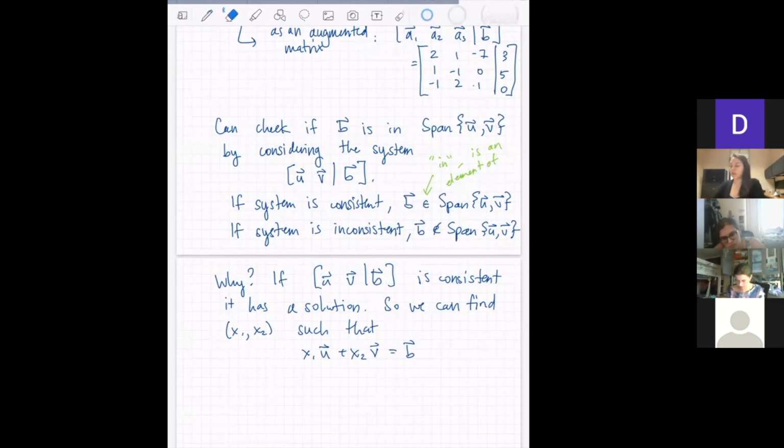And then looking at what this is, this is b written as a linear combination of u and v, right? So any solution of this system exactly gives us b written as a linear combination of u and v. So that's why it's the same thing to say that the system is consistent and b is in the span of u and v. Okay.